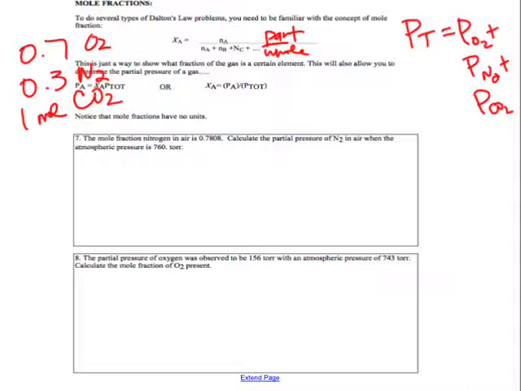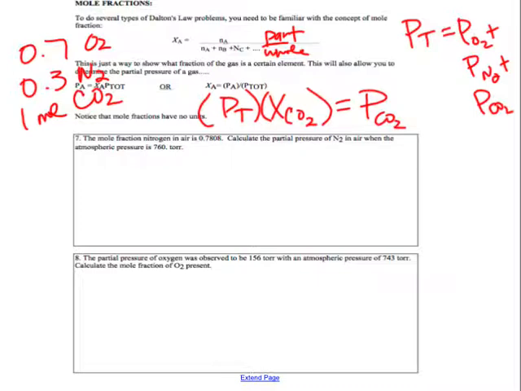But what's really cool about the mole fraction is you can use the mole fraction to find a partial pressure. So if you know the total pressure of this system, for instance, and you know that it's half CO2, or you know its mole fraction, you can figure out the partial pressure of the CO2.